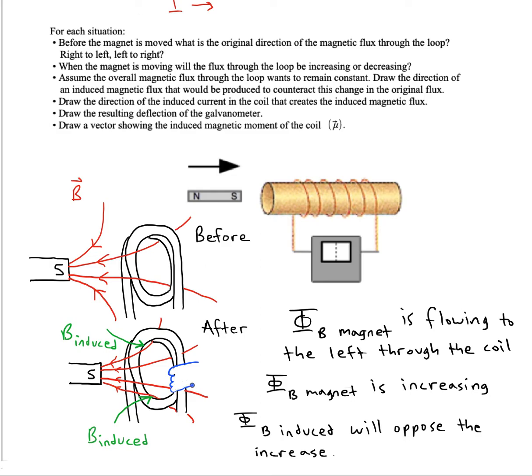And when you do this, the thumb points down. So the current direction is going to be clockwise. This way.